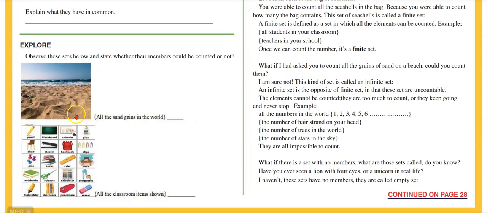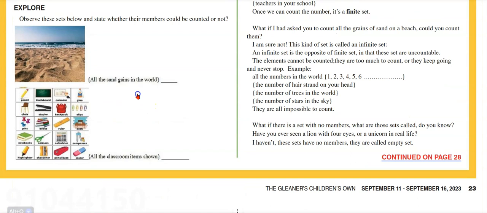Observe these sets below and state whether their members could be counted or not. Sand grains in the world. That wouldn't even make sense counting. Let's go with this: all the classroom items shown.